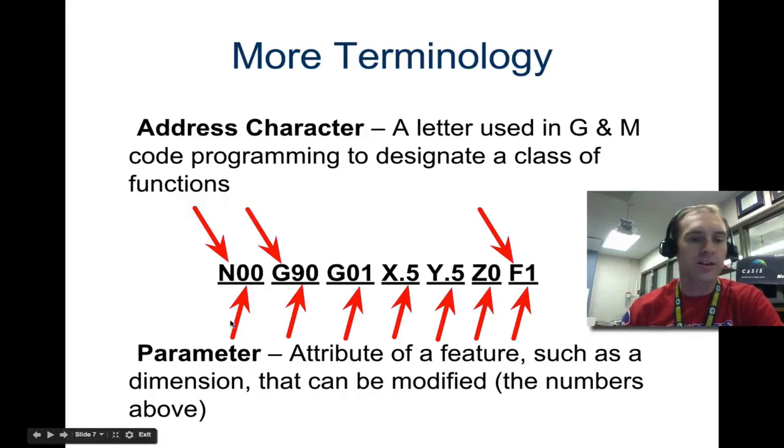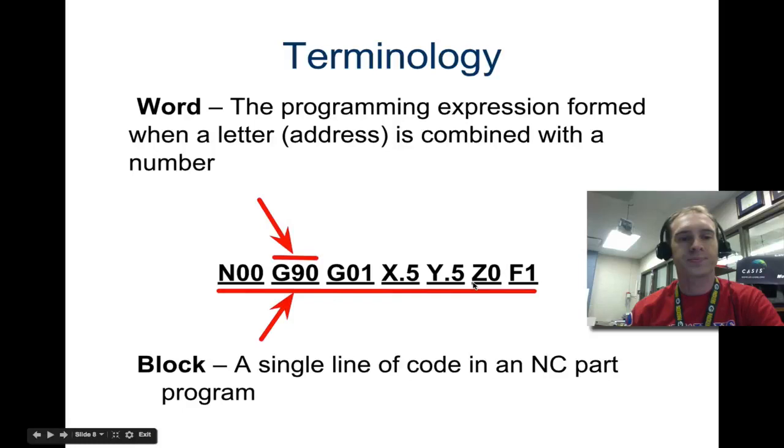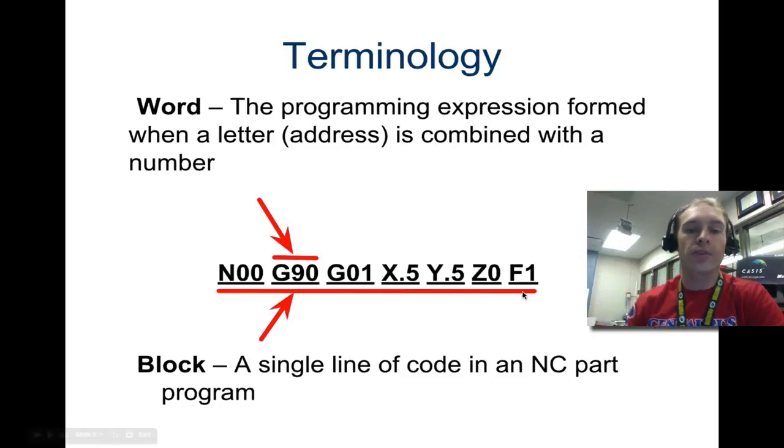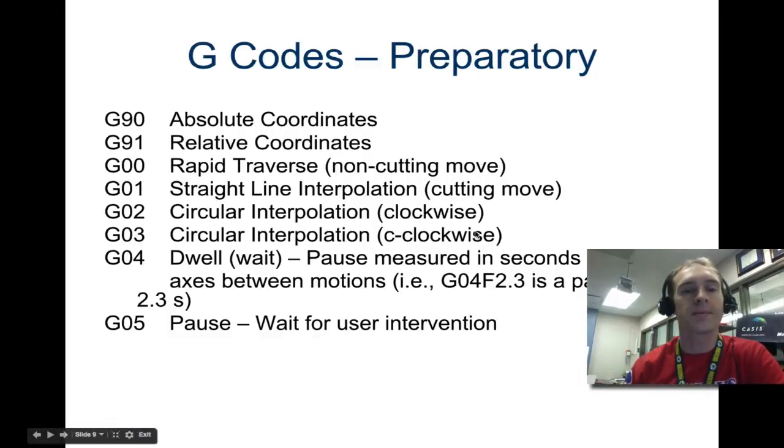So characters are the letters, parameters are the numbers. A word is the entire chunk. G90 is a word, X.5 is a word, F1 is a word. All of those underlying chunks are words, and then a block is the entire line of code. So those 4 sections would be important for you to know. We've seen those before in the final.